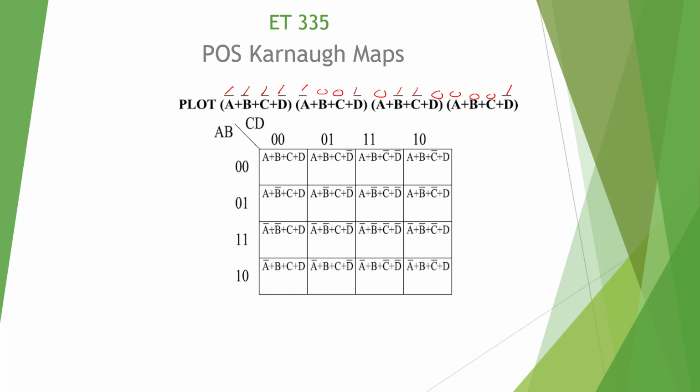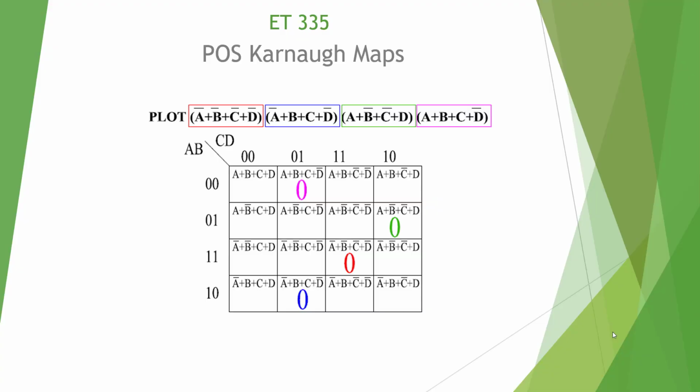Let's plot those. So we have a 1, 1, 1, 1. We're going to put a 0 here. Then we have a 1, 0, 0, 1. We're going to put a 0 here. And we have a 0, 1, 1, 0. We have a 0 here. And 0, 0, 0, 1, we're going to put a 0 here.